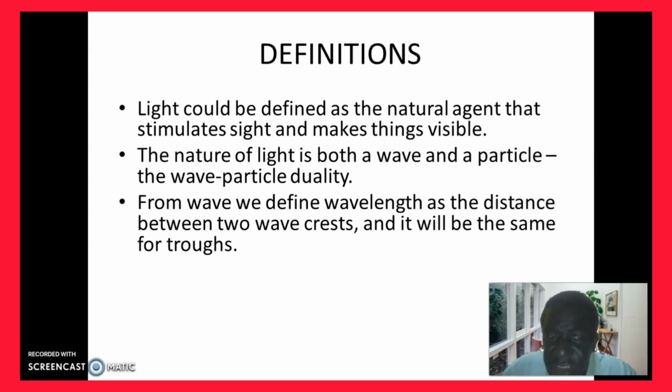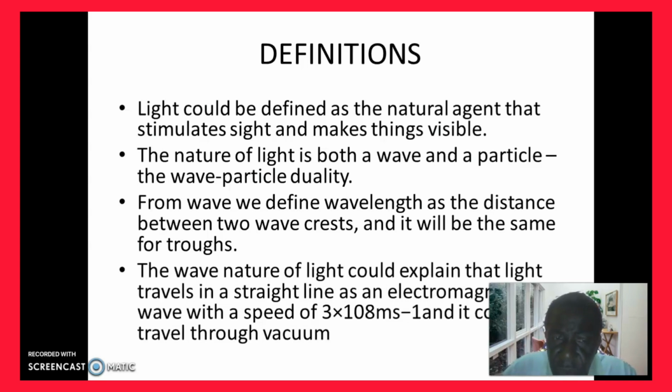The wave nature of light could explain that light travels in a straight line, as an electromagnetic wave with a speed of 3 times 10 to the power 8 meters per second, and it could also travel through vacuum. If it travels through vacuum, it's just straight, no reflection.